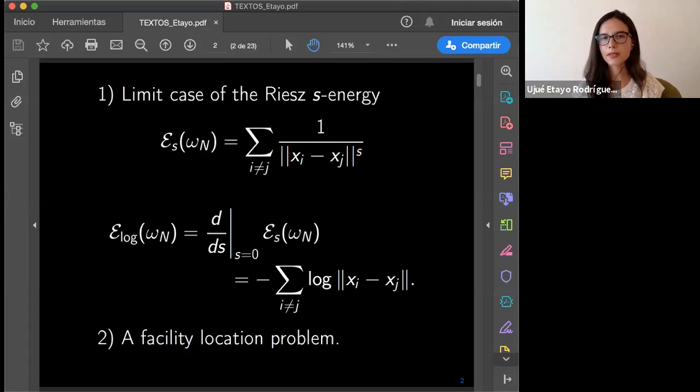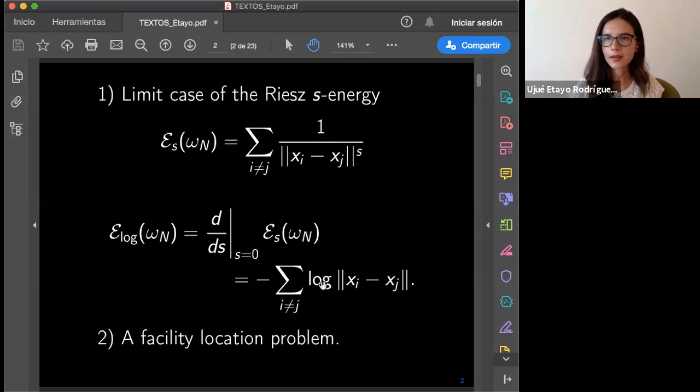Then I can ask myself this question: where should I place the points so that the average temperature is maximized? And the answer is, you have to place the points exactly on the minimizers of the logarithmic energy. So if I want to maximize the average temperature, I should place my sources of heat on the minimizers of the logarithmic energy.